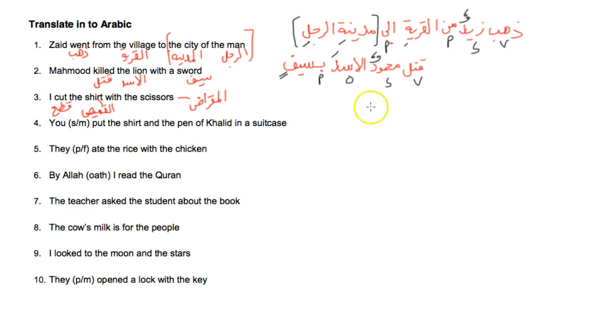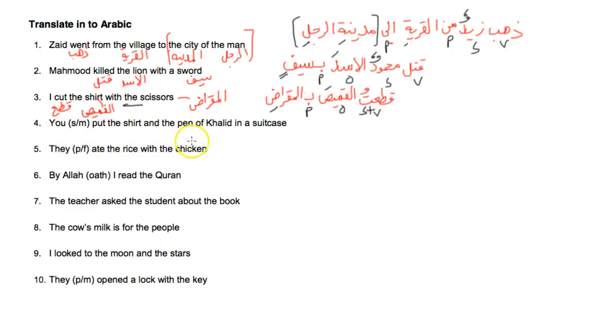So qata'tu, the shirt al-qamis, with the scissors bi al-miqrad. So verb plus the subject here, object, that's the preposition, so miqradi. Remember al, there's an al there, so you have to show the al over here as well.